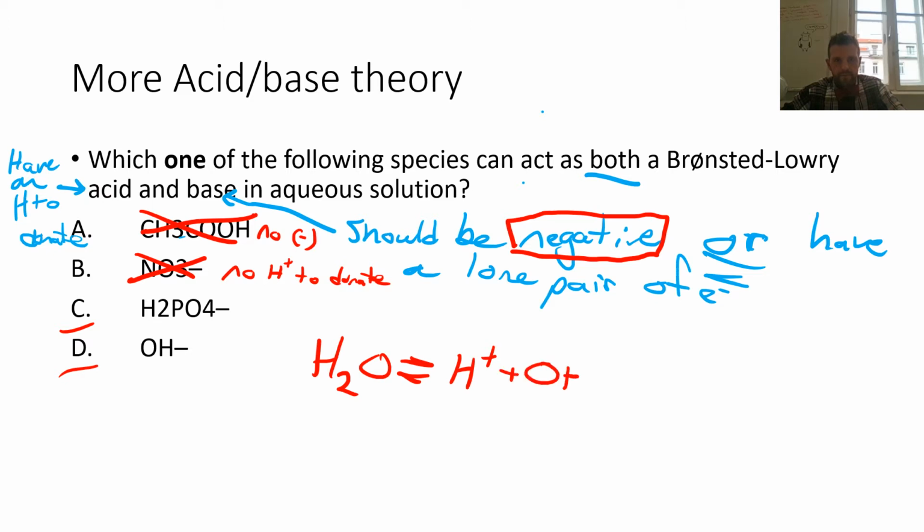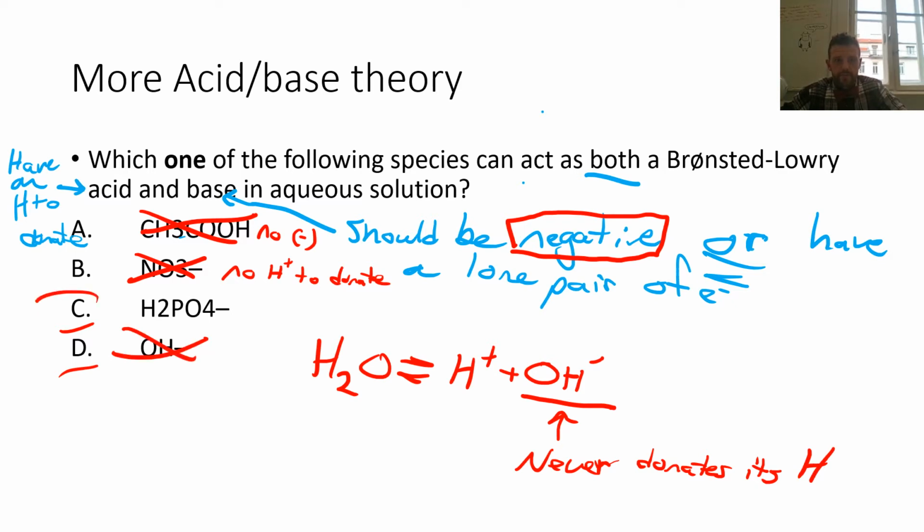So D comes from this business, the autoionization of water. And this never loses a proton. And since that's the case, we can get rid of this. So our answer would be C.